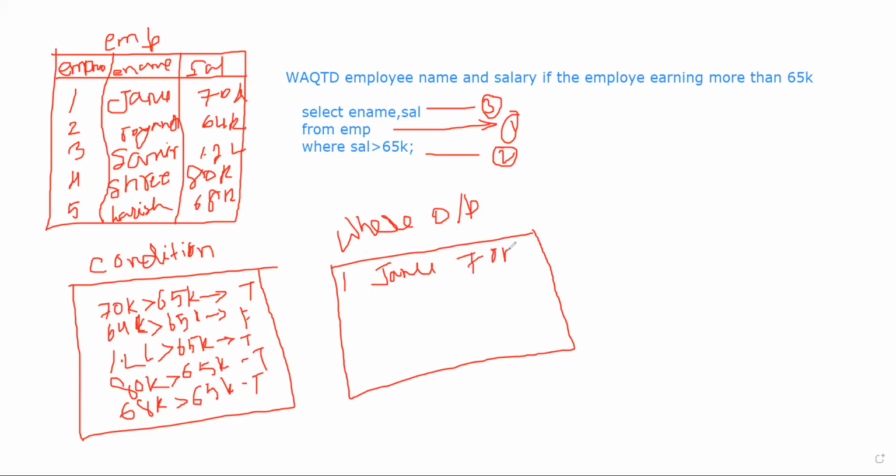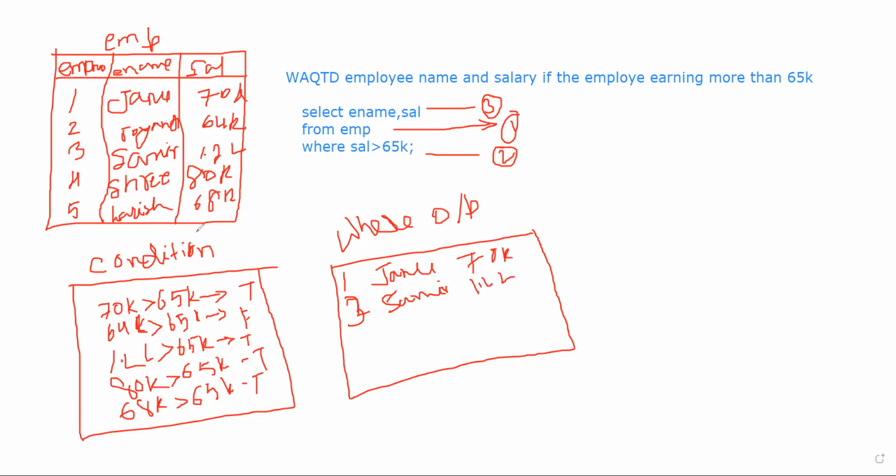Then 2 is false, right? 3 is Samir, which is 1.2 lakh.